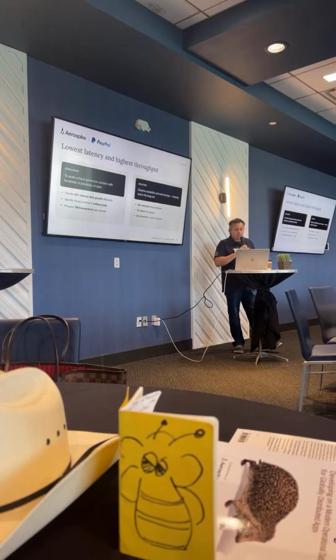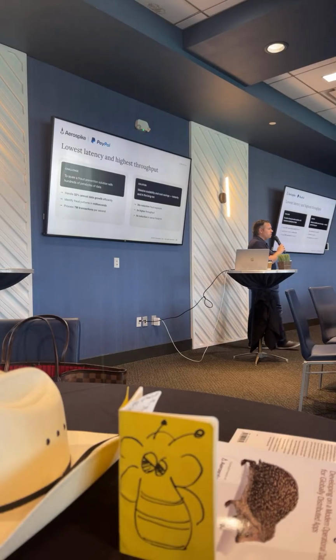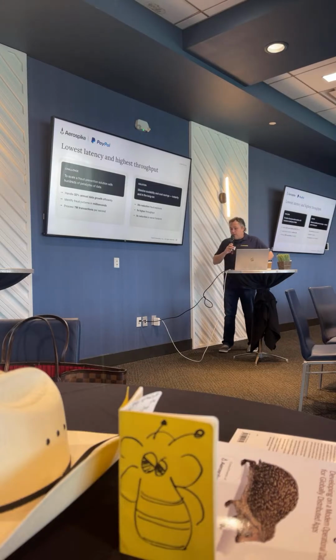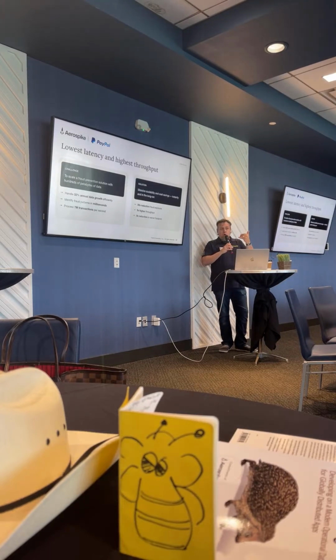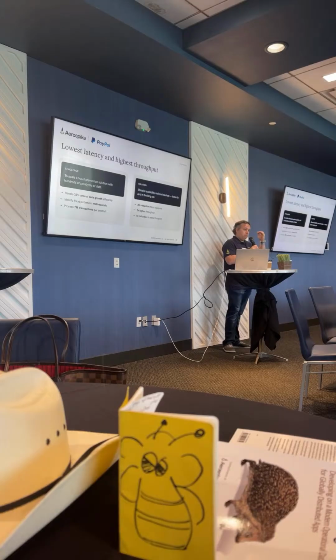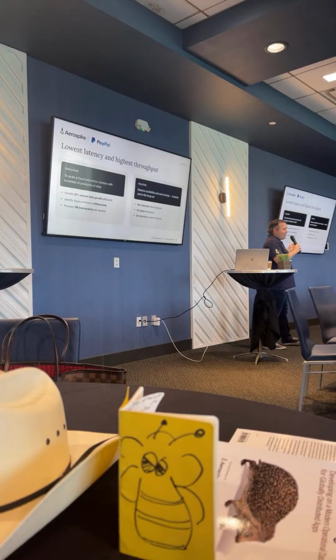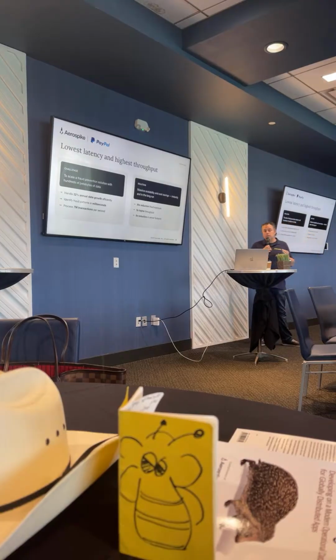So we're working with PayPal to help with their fraud detection algorithms. When it comes to fraud detection, the more data that you crunch for your risk score, the better the predictability will be. Only Aerospike can store the amount of data needed for them to have an acceptable risk tolerance and score.